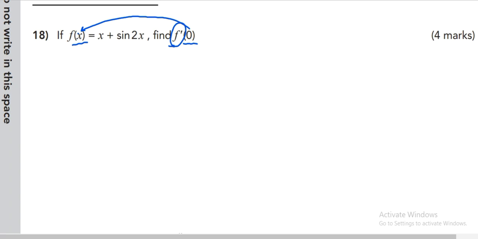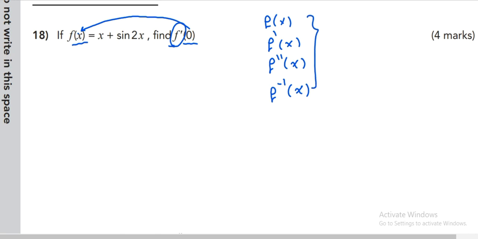The expression f of x, or the expression f dash of x, which is the first derivative, or the expression f double dash of x, the second derivative, or the expression f power negative 1 of x, which is the inverse. So we'll put the value in the place of x in which expression?